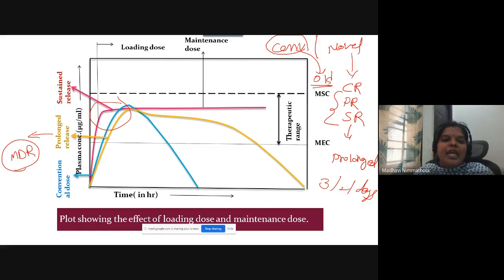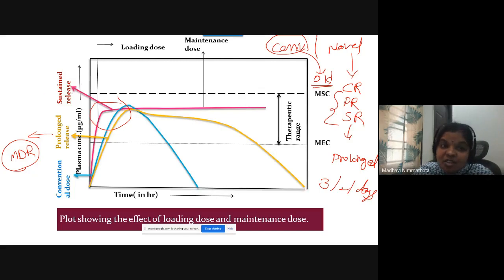In case of conventional dosage form, this blue color line indicates the conventional dosage form curve, and this yellow color is prolonged release. See here, up to this peak point it has sustainability of the action, then it declines.